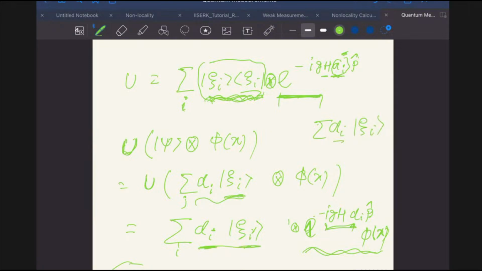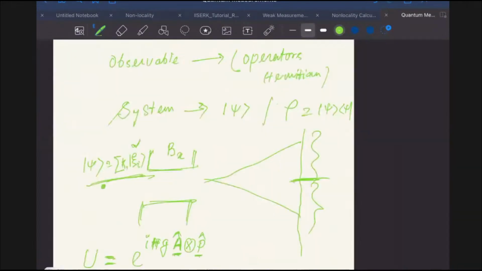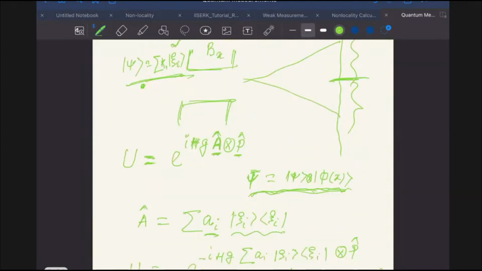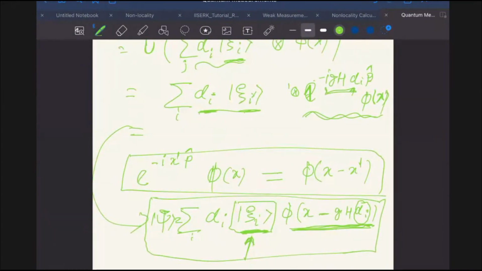Just scroll up, or scroll down. I'm not able to see the last line of that page. Not the next page, the last line. Yeah, this one. So here in your example, the eigenvalues are +1 and -1. So the position will be shifted towards x +1 and x -1.